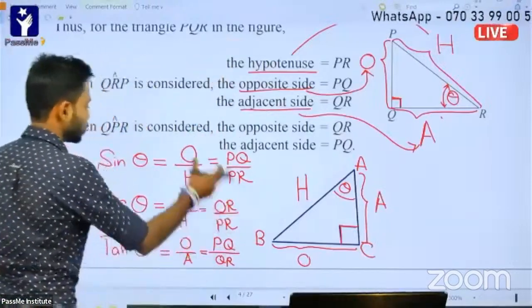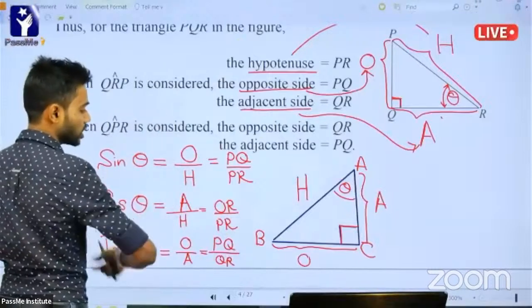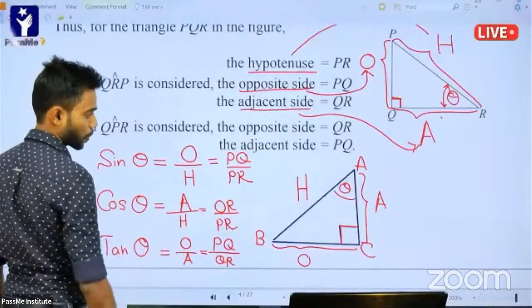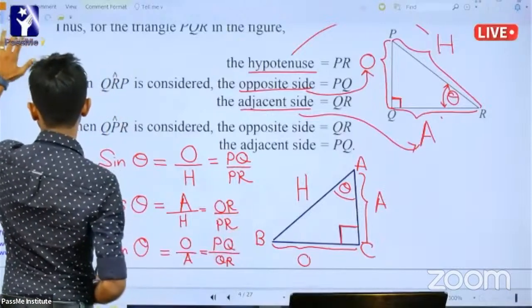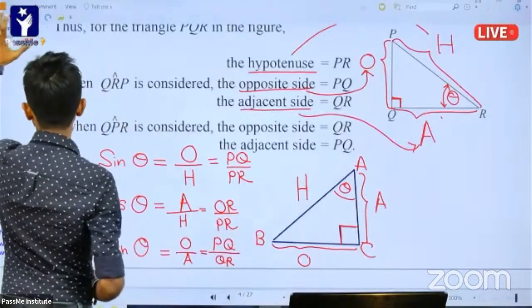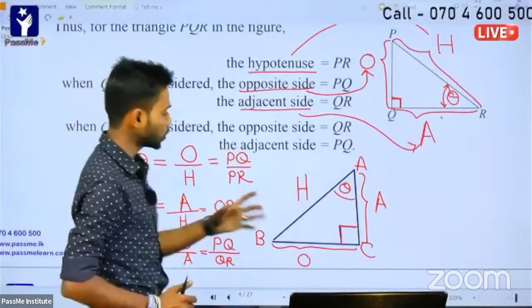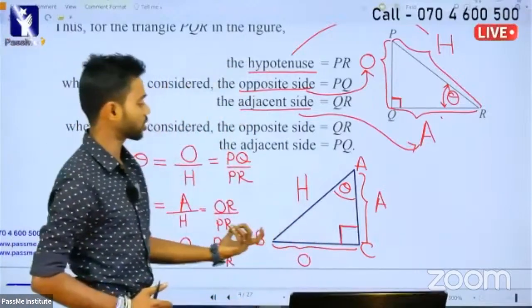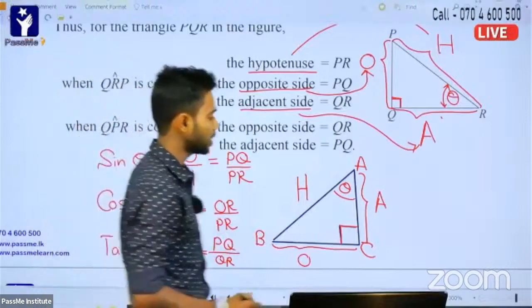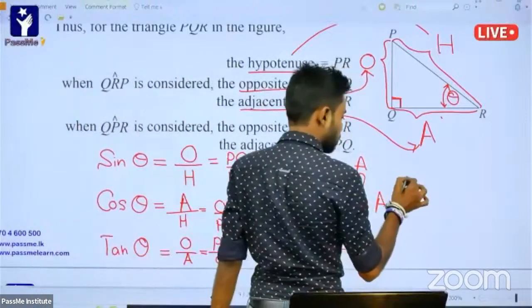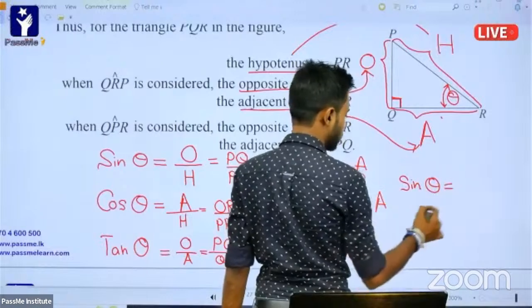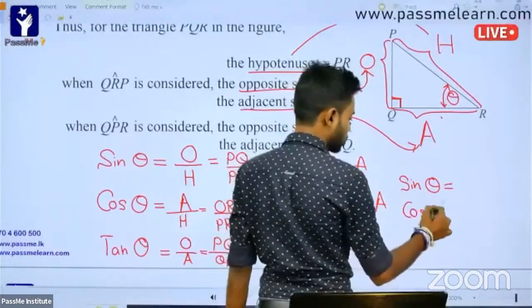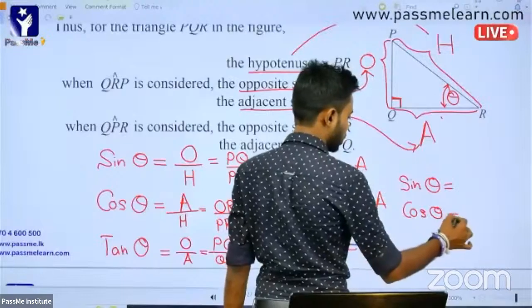Okay, now please write down these three ratios. And I will give you some task to do as well. Can you use this triangle to write a ratio for sin theta? What do you mean by sin theta, and cos theta, and finally tan theta?